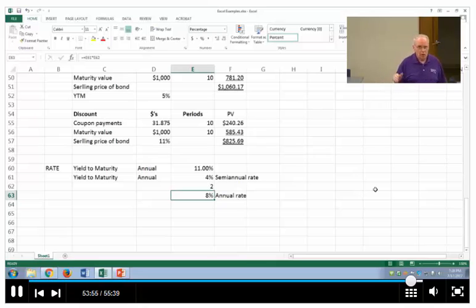Okay, the shorter the time or the shorter the duration, more of the value is coming from the maturity value of the bond itself, less from the interest. So bond portfolios with a shorter duration are less sensitive to interest rate changes. Okay, that's just good to know.